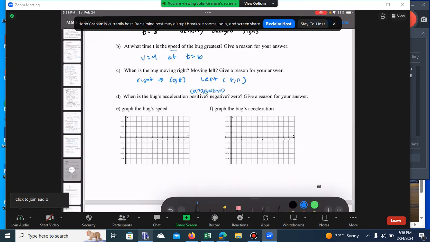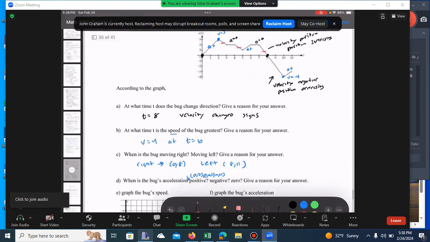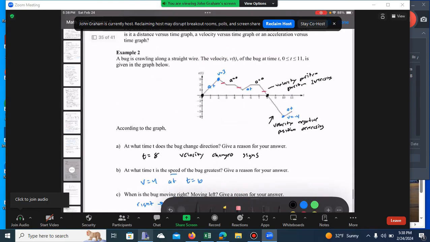Positive. Negative, that's going down. So 2 to 3, 4 to 5, 7 to 10. Then constant is when it's 0. We already labeled those: 3 to 4, 6 to 7.